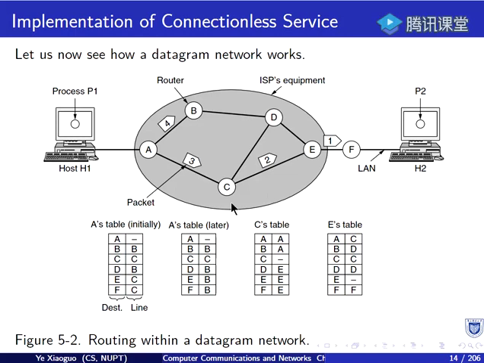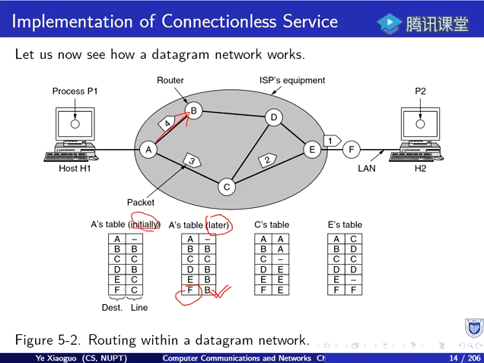If the destination is F, right? Destination is F. So the next hop should take B. Later, if the destination address is F, the next hop should take B here.